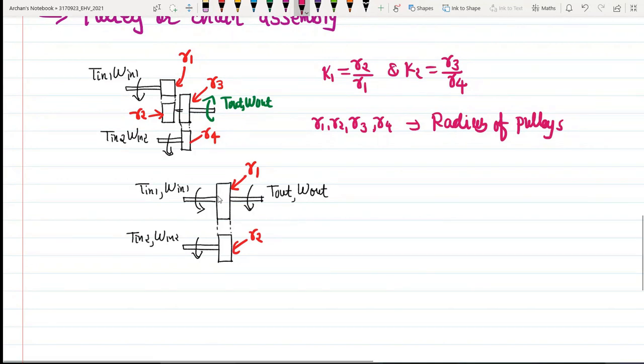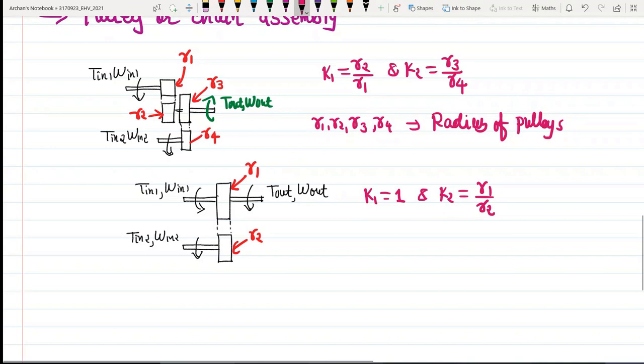And if you can see, the value of K1 now would be equal to 1, because R1 divided by R1, it is going to be 1. But value of K2 in this case would be R1 divided by R2. Okay. So these are our values of K1 and K2, right? Where R1 and R2 are nothing but the radius of the pulleys. Okay. So this is another possibility of mechanical torque coupling device.